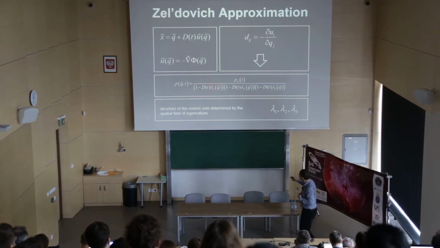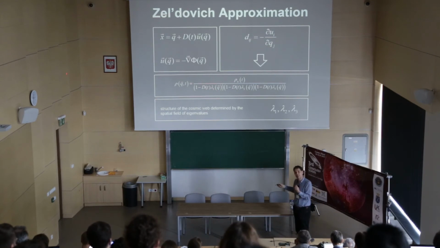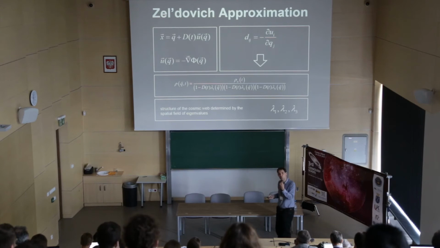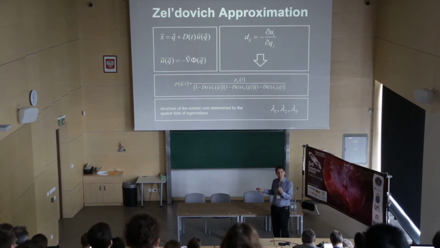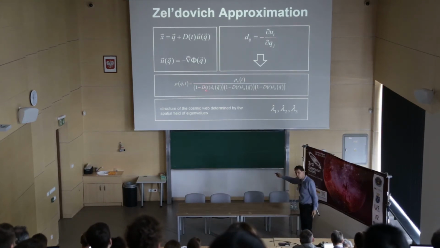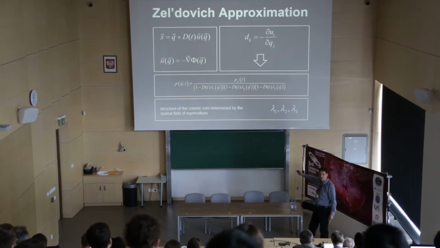Now, if you take the largest eigenvalue, let's say lambda 1, then the first term where D times lambda 1 becomes 1 is in that direction. What does it mean? Well, if this becomes 1, this becomes 0, that becomes infinite. That's collapse. But it's collapse along that one direction and not the other directions.